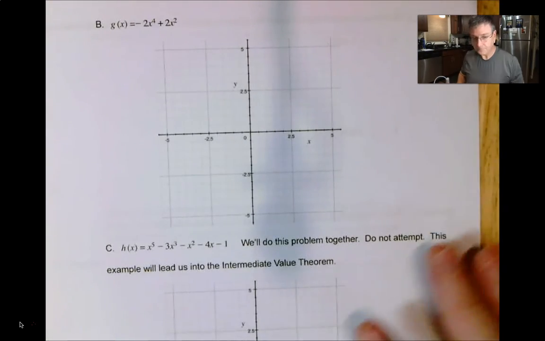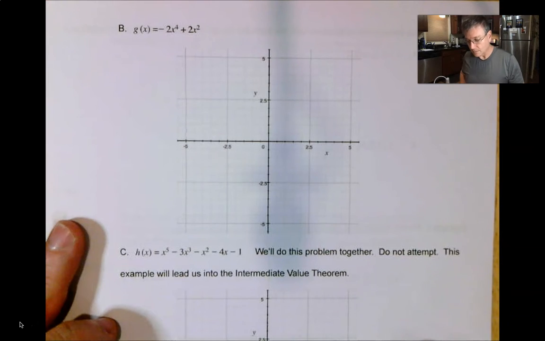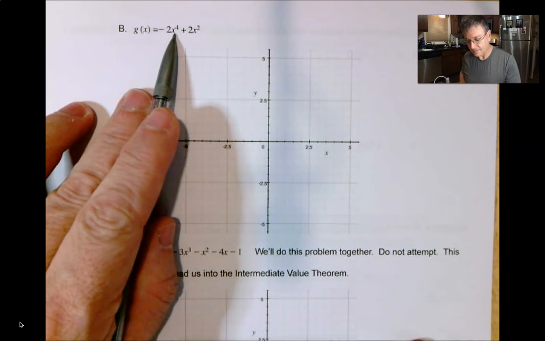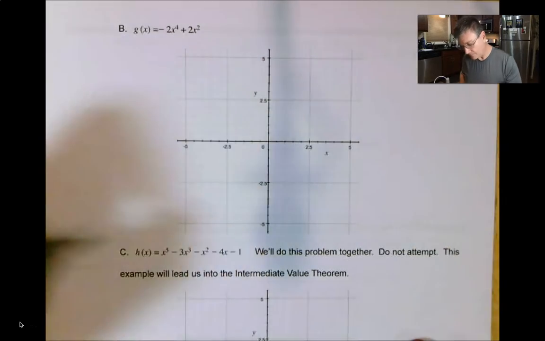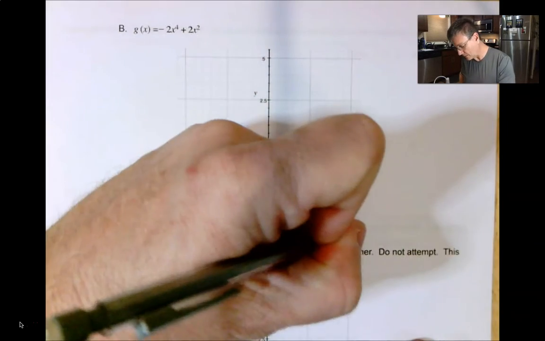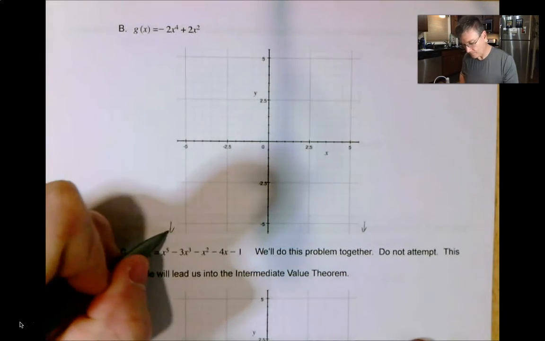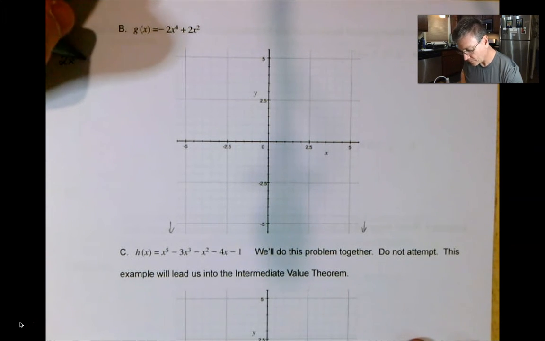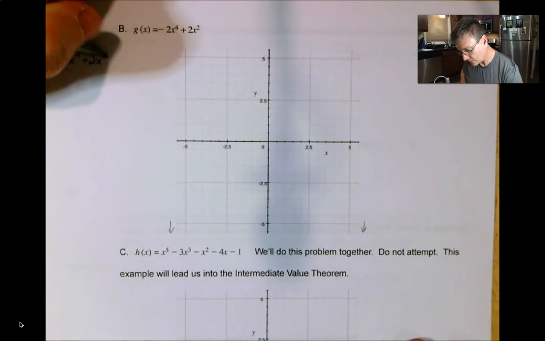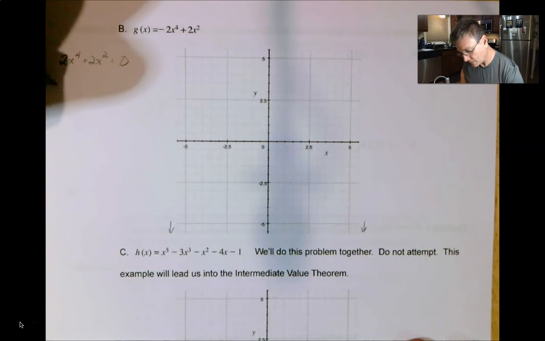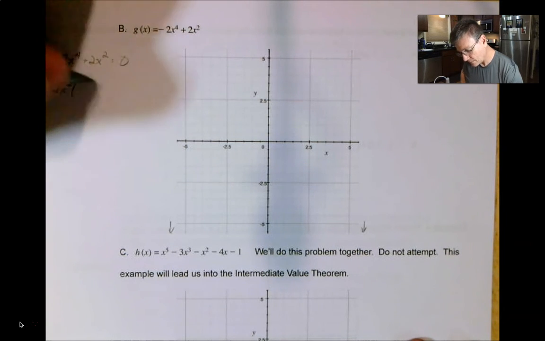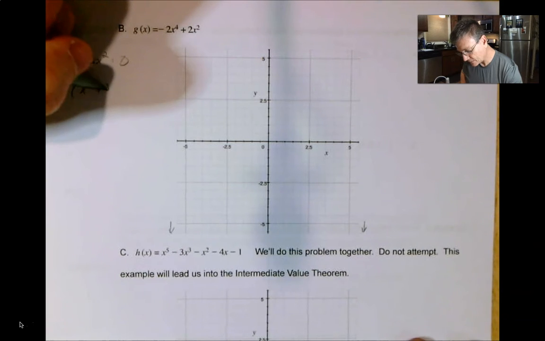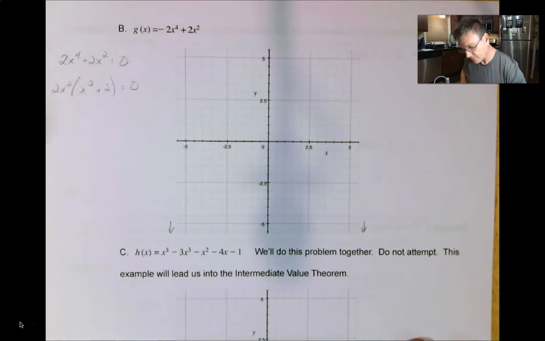Part B. Let's take a look at the end behavior. It's reflected in the x-axis and it's even. So it's going to be down, down. Let's find the zeros. 2x to the 4th plus 2x squared equals 0. 2x squared, x squared plus 2 equals 0.